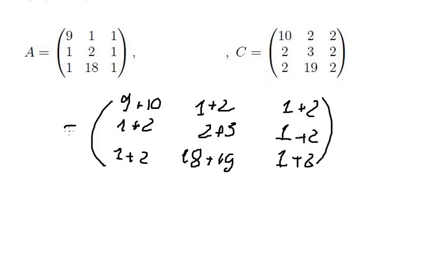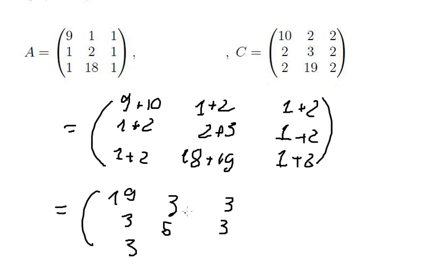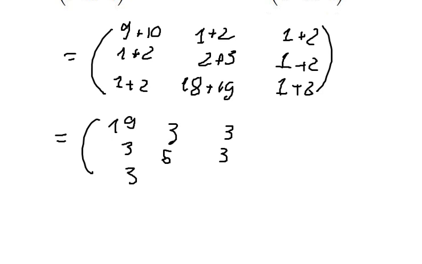So we have the final answer: 19, 3, 3, 3, 5, 3, 3. This one we have. And here is about the final answer we need to find in here.